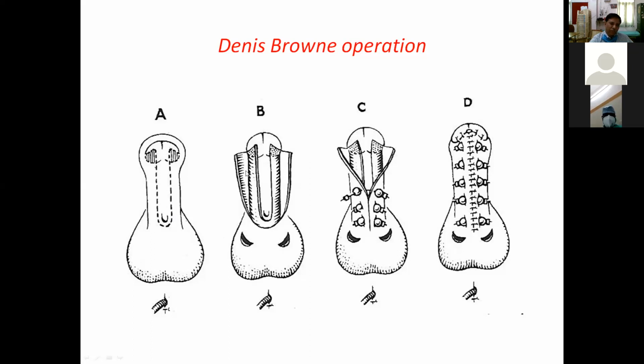The flap is raised. Here you put a catheter and overlap this mobilized skin and close it. So here you can see a long strip of skin is being buried. So this long strip of skin will complete the circle and forms the neourethra.